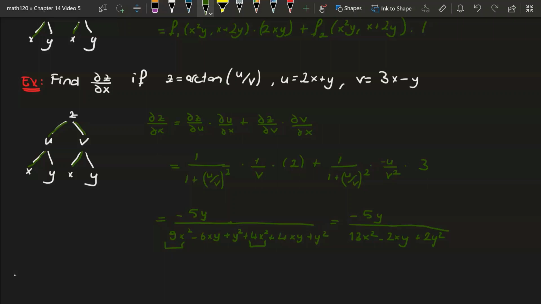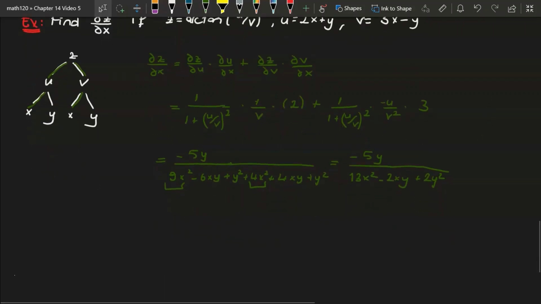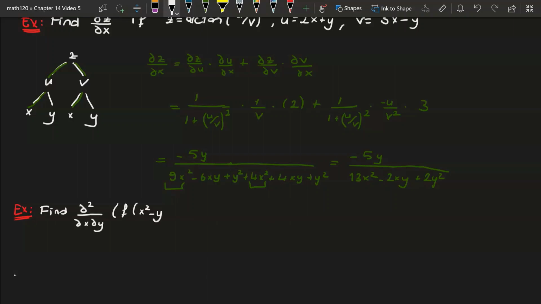One more example. Find the second order partial derivative of f of x squared minus y squared, xy, in terms of partial derivatives of f.